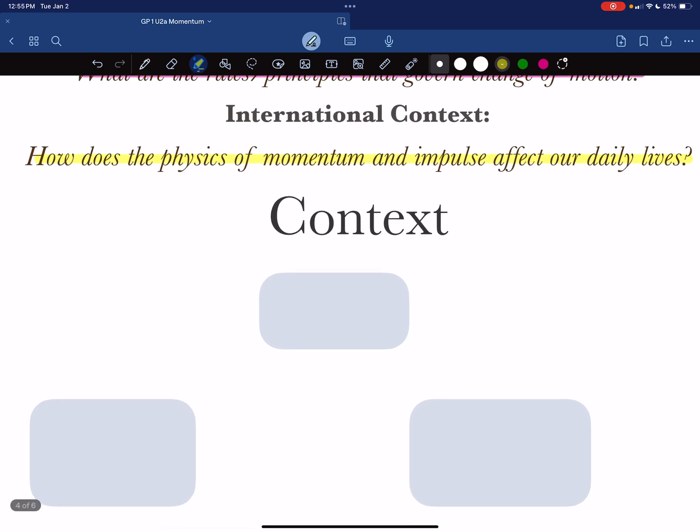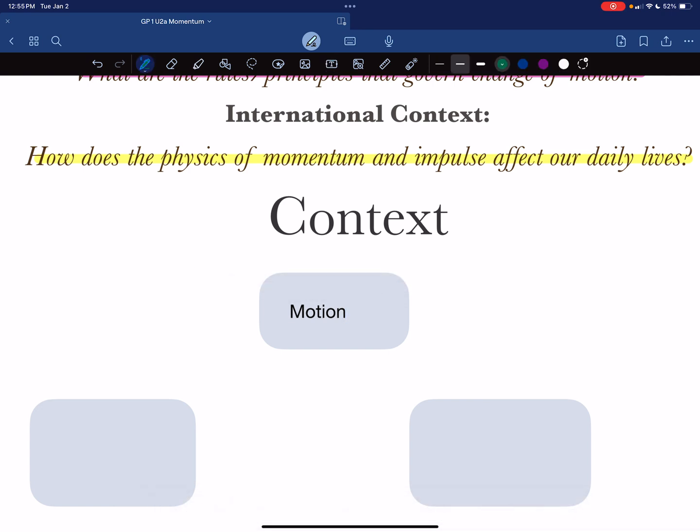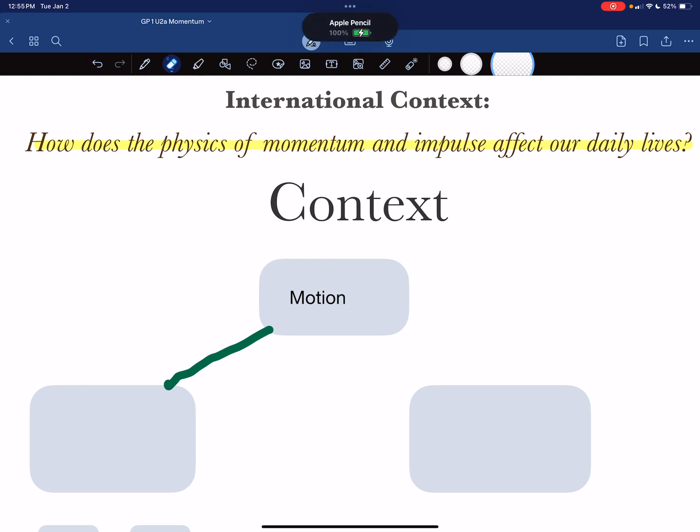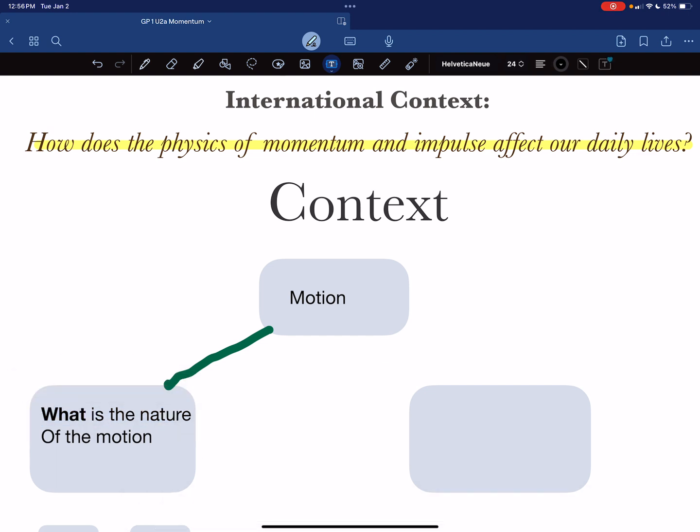Well, the big context for momentum is motion. And we've already spent quite a bit of time studying one aspect of motion. And that aspect of motion relates to this question: What is the nature of the motion?